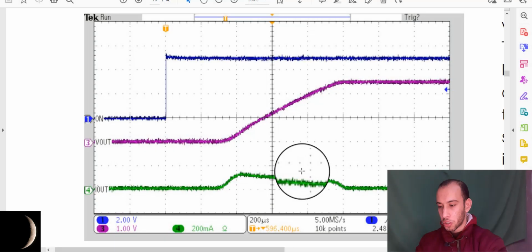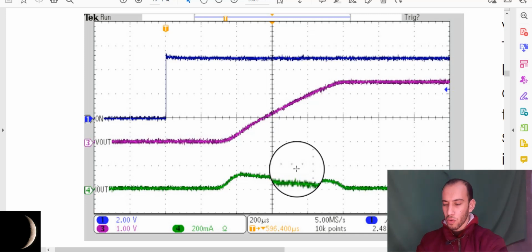The second solution is controlling the slew rate of the MOSFET. You will control the switching speed, or the turn-on time, of your MOSFET. It's like opening a room door: when you open your room door, you open it slowly. So that is the concept of controlling your MOSFET.